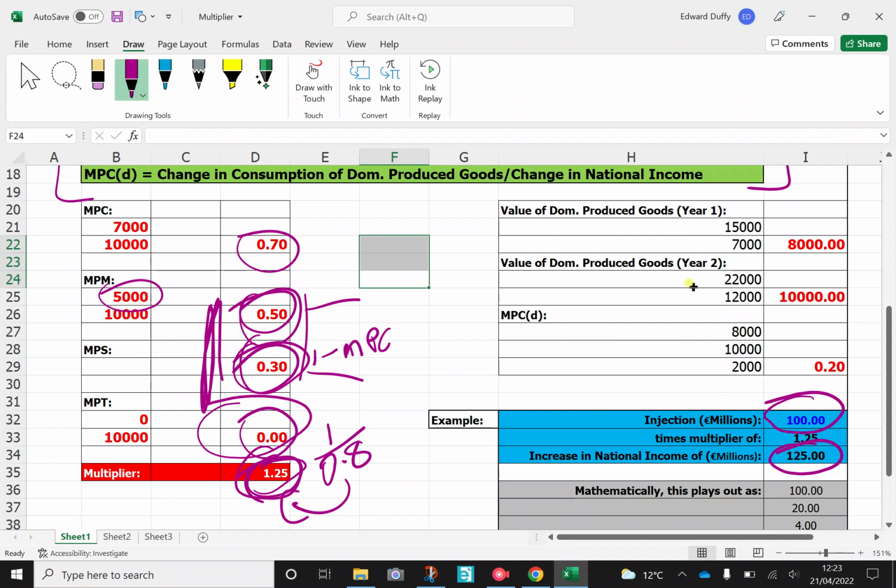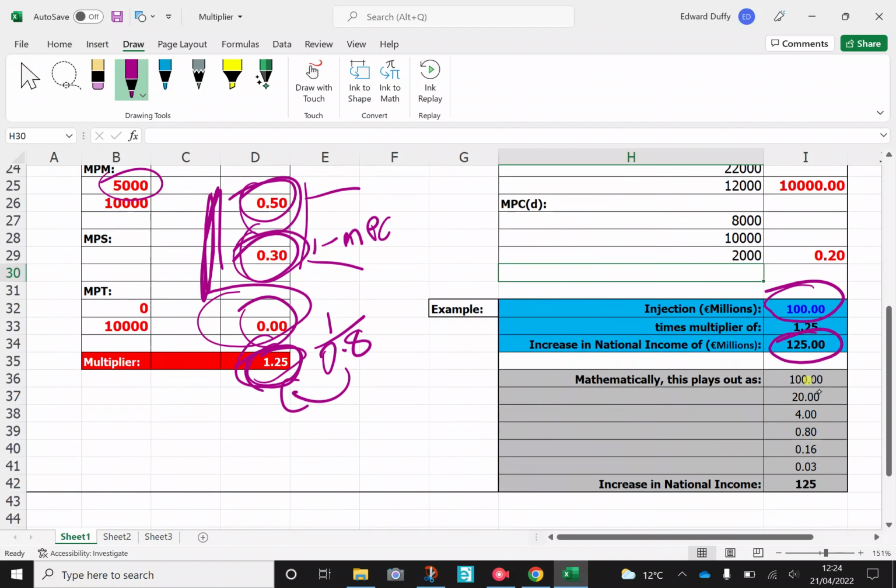They're only putting 20% of that into the economy. And this is why a multiplier of 1.25 results in an increase in national income of 125 million if there was a 100 million euro injection.